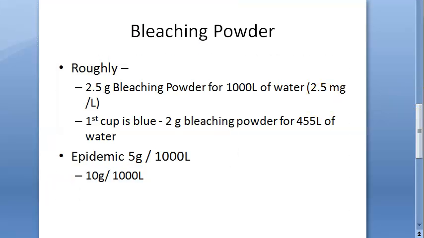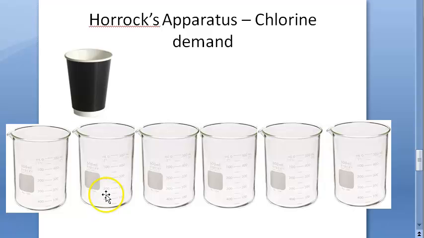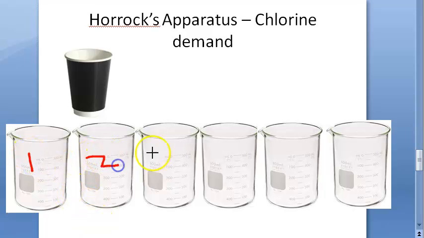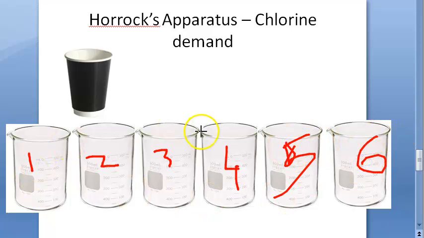One more scenario they'll ask you is, if in Horrock's apparatus none of the cups show blue color, then what will you do? You added 1 spoon, 2 spoon, 3, 4, 5, 6 spoons, and then you added starch. None of them showed blue color. Now you discard all these 6 and continue. This blue cup you should not throw.